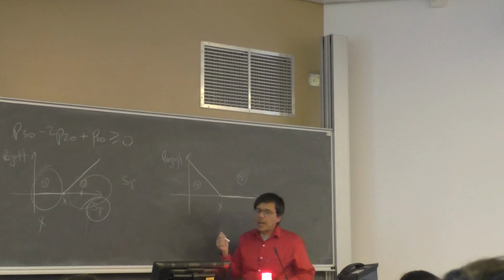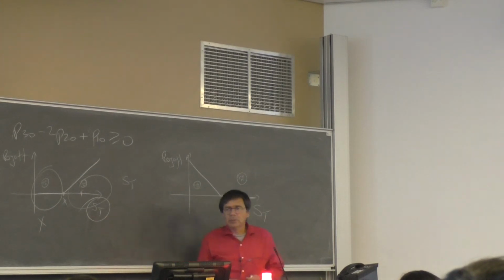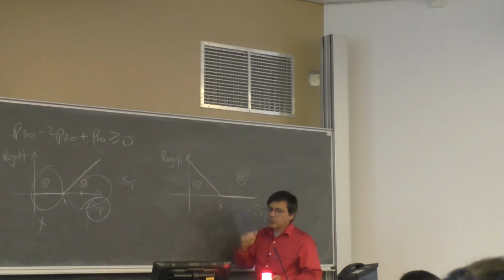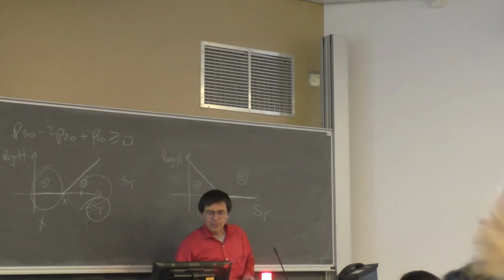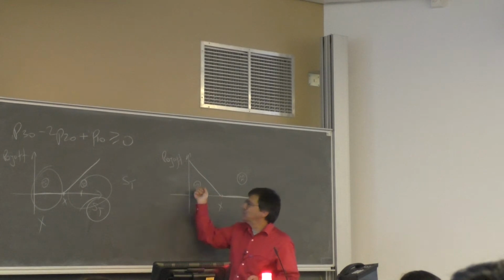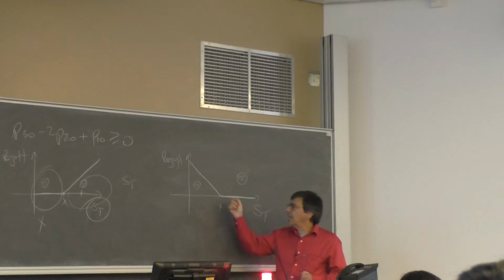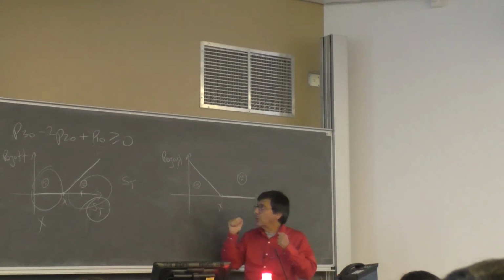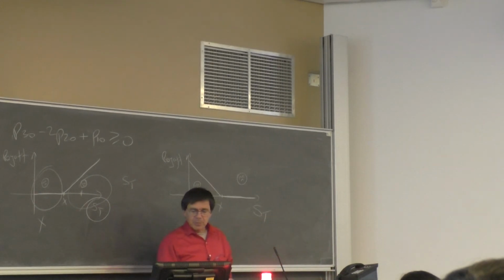So now let's see what happens to portfolio C depending on which sort of future we find ourselves in. So if we find ourselves in the happy future, if the underlying asset price is less than X, we're going to exercise the option.